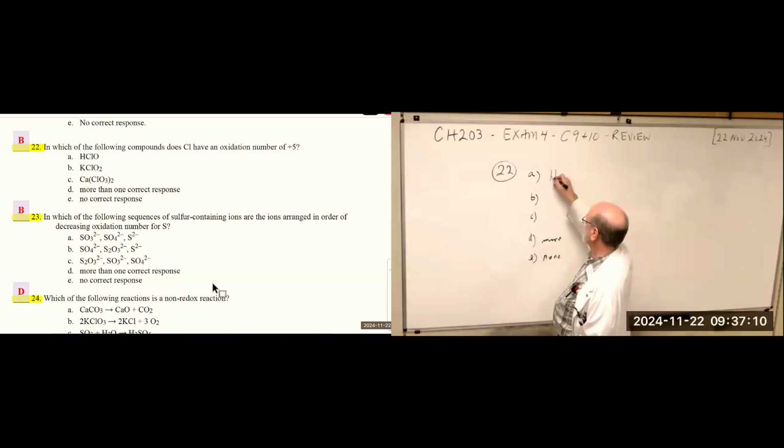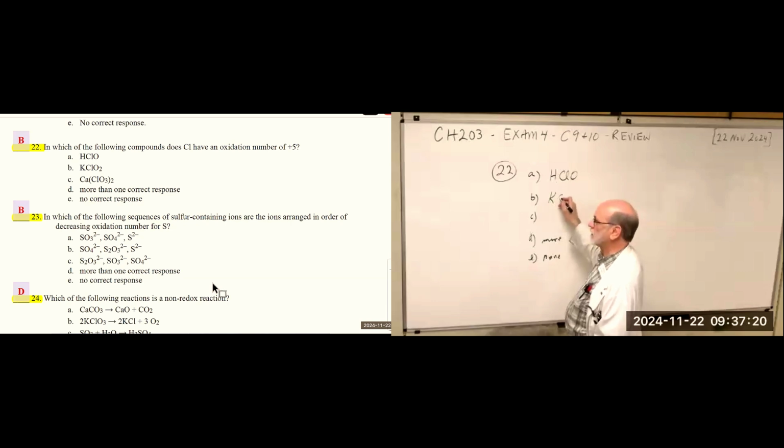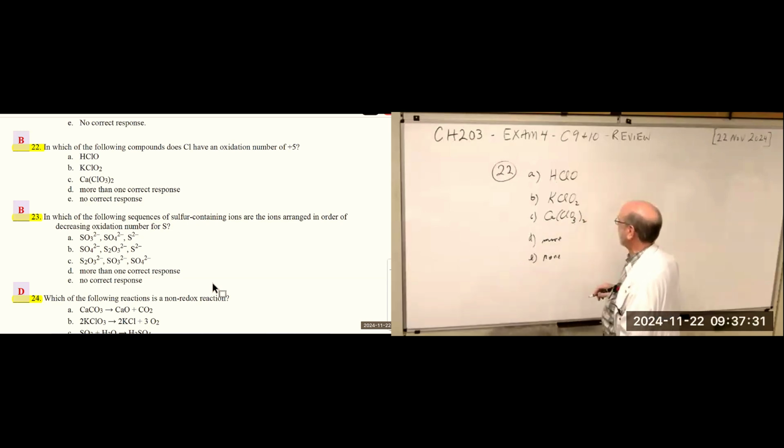So we have hydrogen hypochlorite, potassium chlorite, and calcium chlorate. Okay.